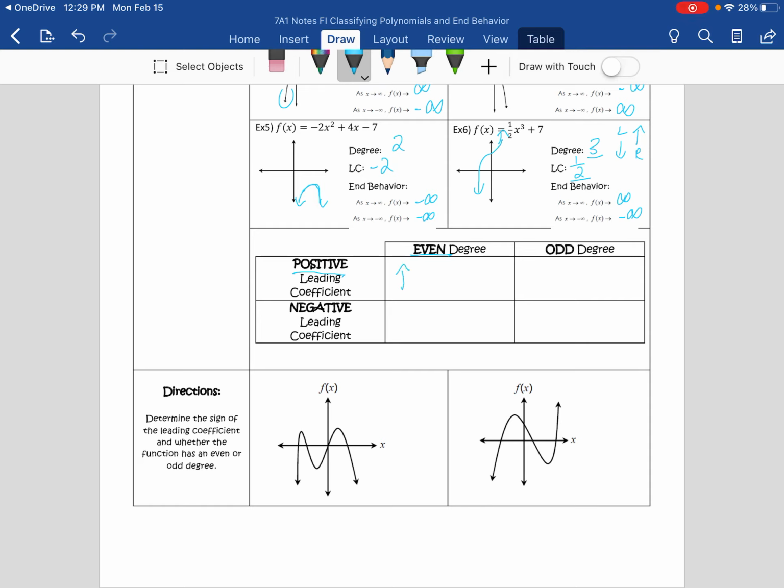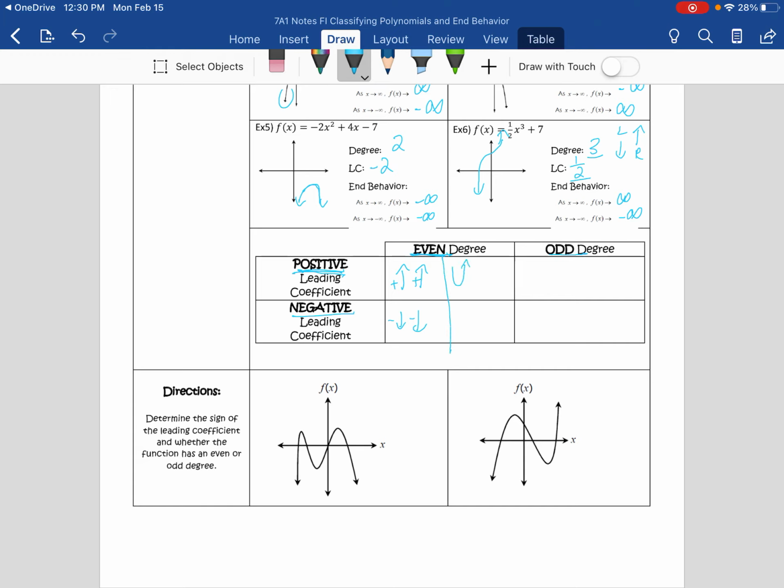All right, so in a nutshell, if you have a positive lead coefficient and it's even, it's going to go up, up. If the lead coefficient is negative and it's even, it's going to be down, down.